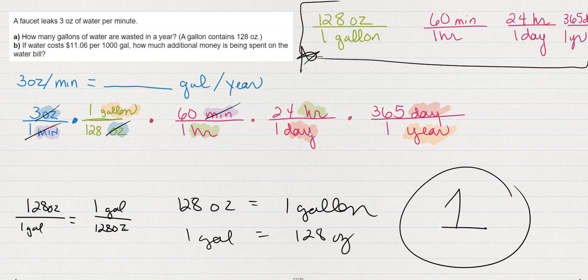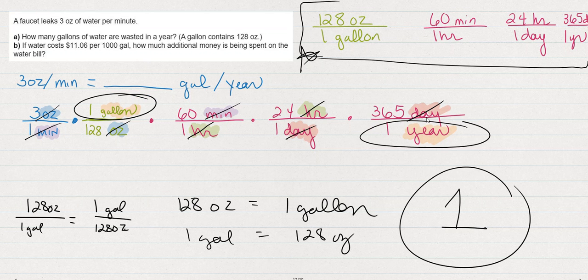And then I need to get that to days. So I have the hour in the denominator, so I'll put the 24 hours in the numerator over 1 day. And then I need to convert that to years. So because the day is in the denominator and I need to reduce it, I'll put the 365 days in the top, or the numerator. And that will leave us with gallons per year.